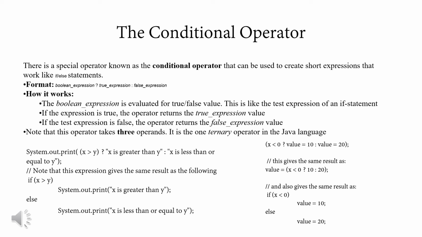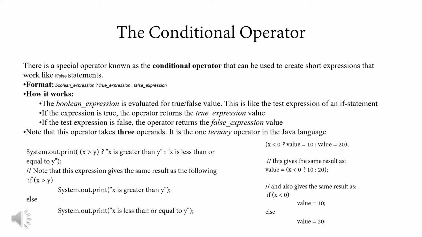We have here two examples. For the first one, we have System.out.print x greater than y. If x is greater than y, then the output is x is greater than y.